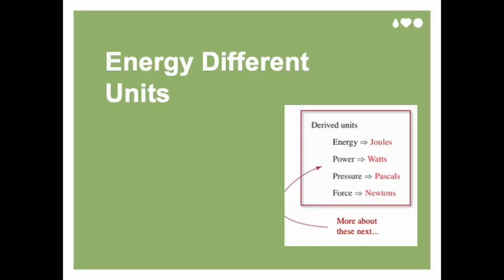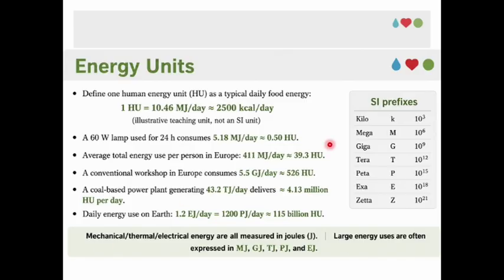I discuss briefly here different energy units. Energy is measured in joules, but 1 joule is very small. So just as we use kilometers instead of millions of millimeters, we use kilojoules, megajoules, gigajoules, and eventually, for example, exajoules and zettajoules for increasingly large energy systems.